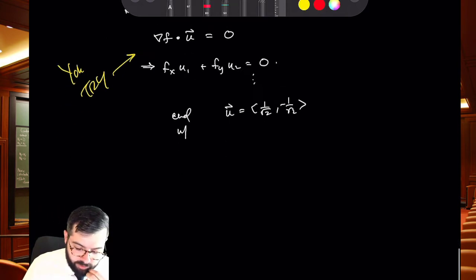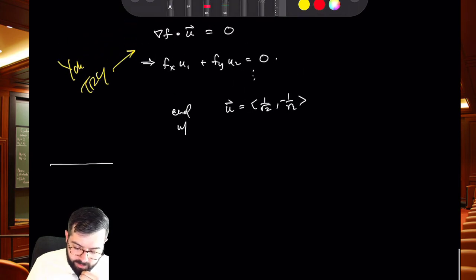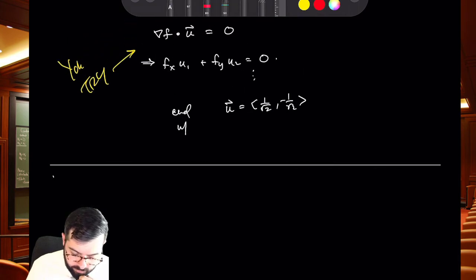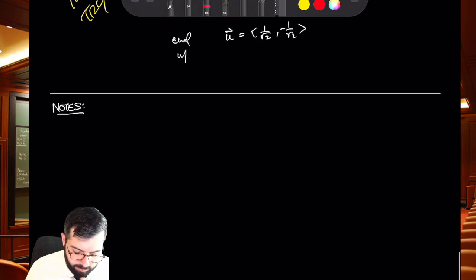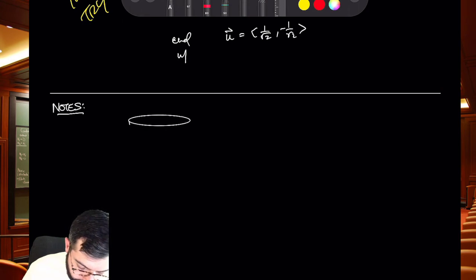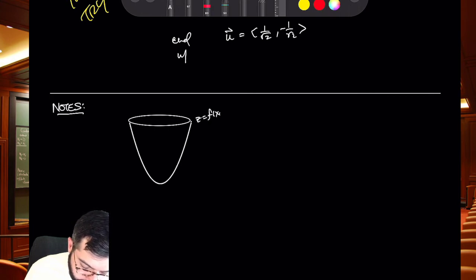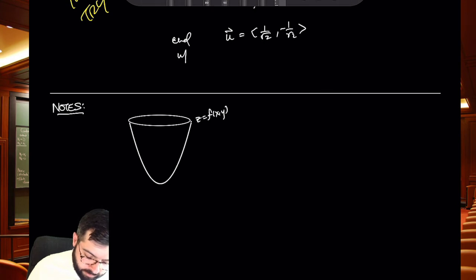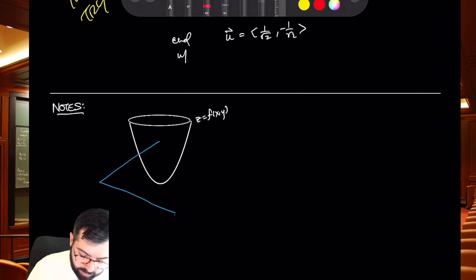A couple of notes here. I've said this verbally, but to see it sketched out, even in a rough way: let's say I've got some surface z equals f of x, y, over the xy plane.